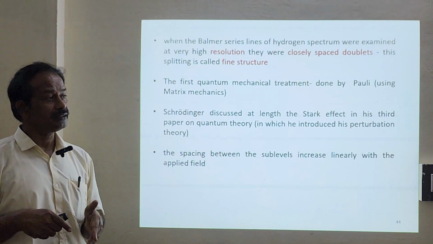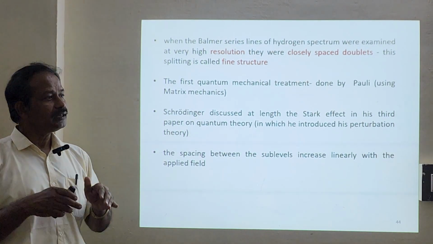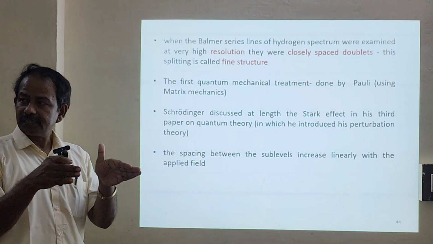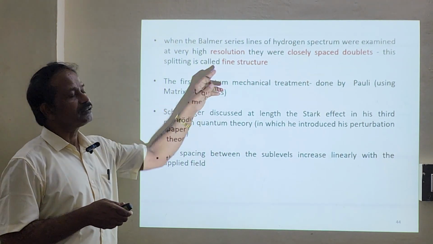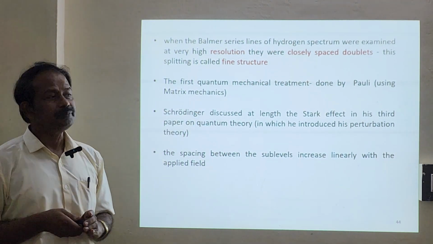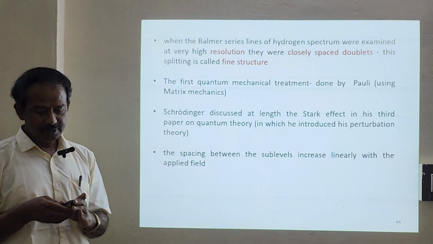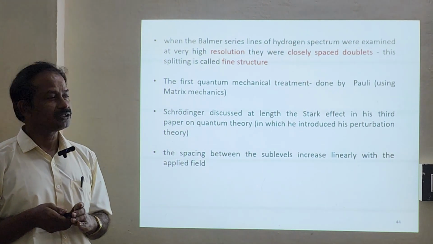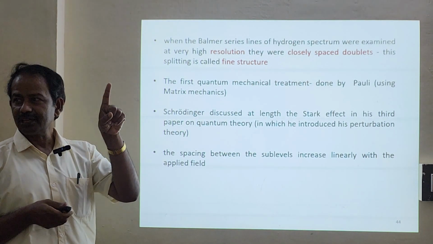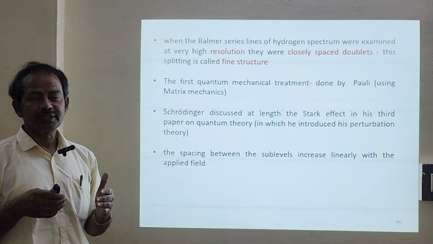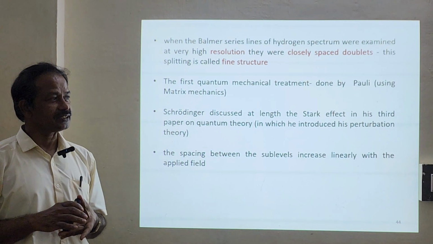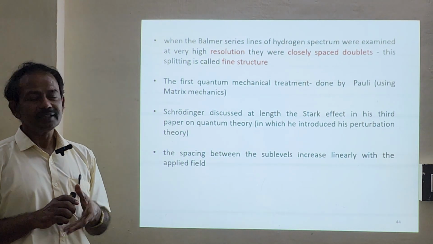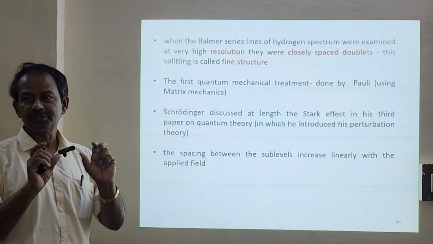If you use a high resolution spectrometer, that line consists of many lines, which we call fine structure. Similarly, when you look at a star with a poor resolution telescope, we see one single star. With a high resolution telescope, the star turns out to be a binary star, two stars.